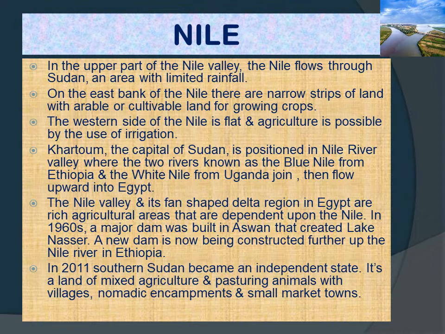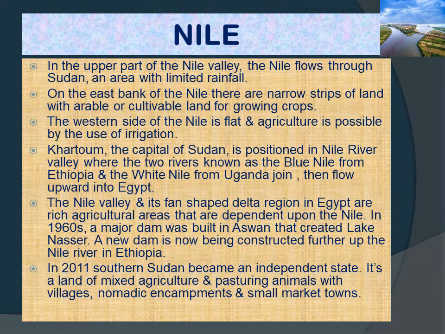The Nile Valley and its fan-shaped delta region in Egypt are rich agricultural areas that are dependent upon the Nile. In the 1960s, a major dam was built in Aswan that created Lake Nasser.